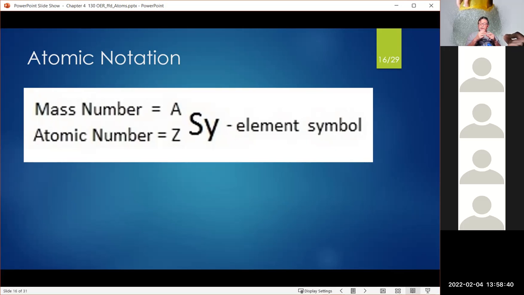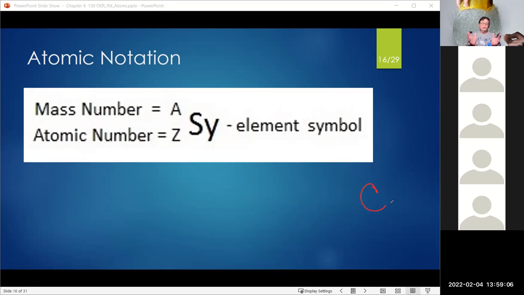Okay, and so we can figure out the mass number using the atomic weight of the most common isotope on the periodic table. And that gives us the mass number. So we would write that this was carbon, and questions ask you to write the atomic notation of carbon.